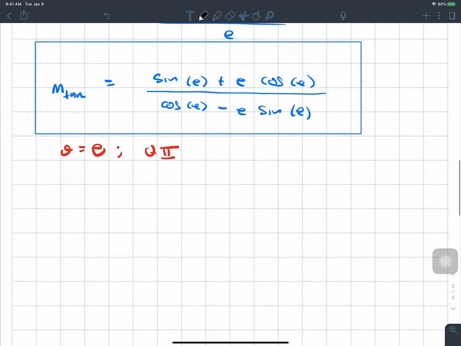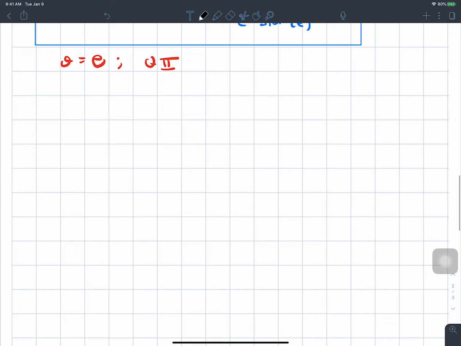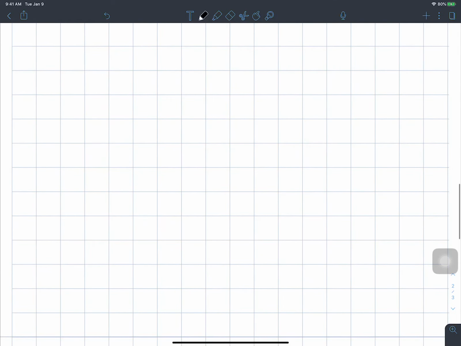Now we're going to do another one: r is sine 3 theta, and the angle in this case is pi over 6. So theta here will be pi over 6. Now remember, you need dr/d theta, because this is what our r prime is.